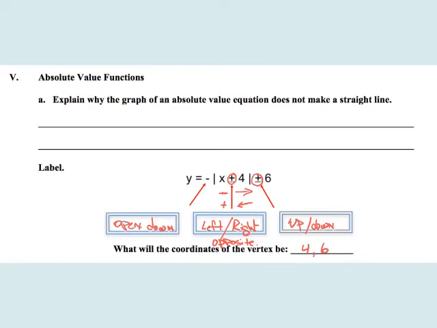So let's see if we can write something here to this question. The graph of an absolute value equation is not straight because the direction of the function changes. And again, it does that at the vertex. And the reason for that is that the input value, when taken the absolute value, can never be negative.